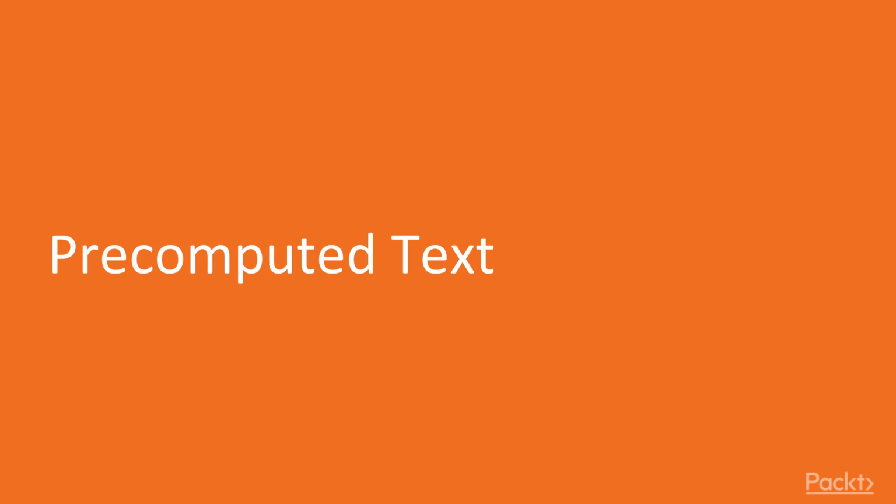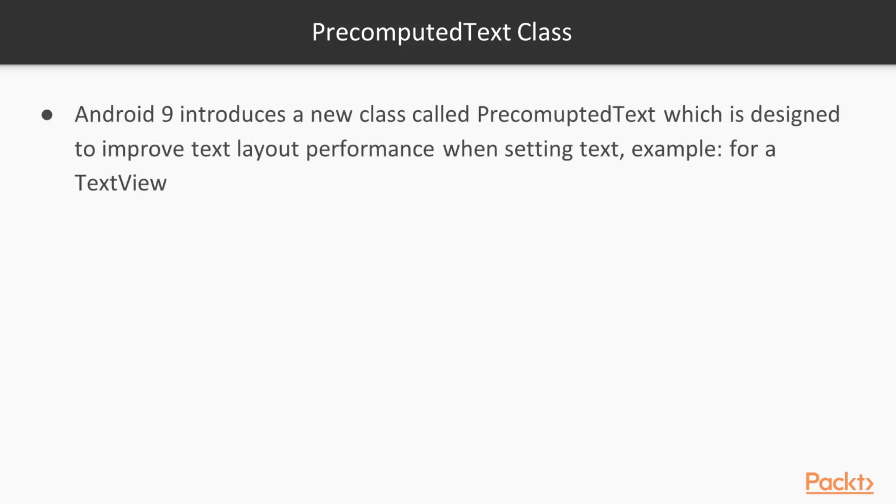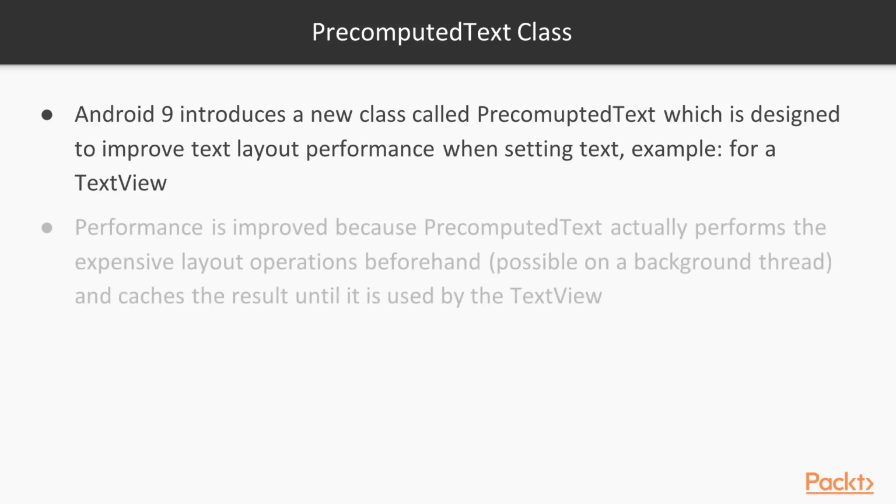Precomputed text. So we are back here with another tutorial video about the precomputed text class. And before getting into the actual coding, let's have a look at the outline of this class. So precomputed text was newly introduced in Android 9, and it is designed to improve the text layout performance when text strings or characters are set for a text view.